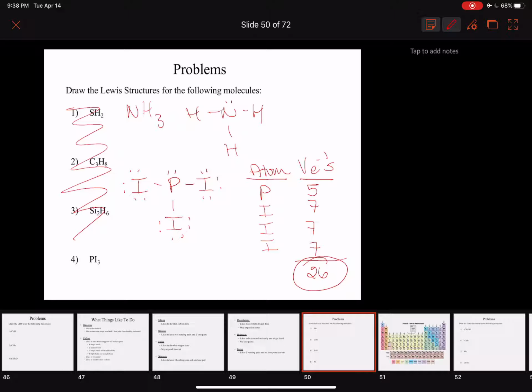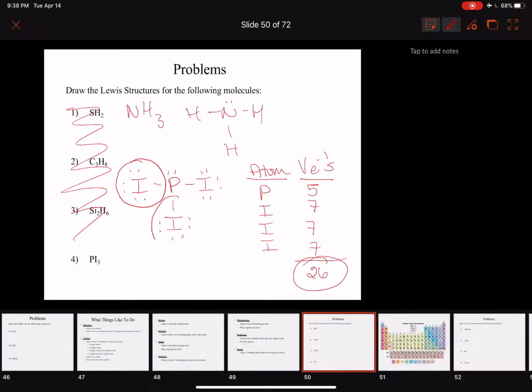First, let's make sure that everybody has an octet, and then we'll count up those 26 valence electrons. So for iodine, you have 2, 4, 6 from the lone pairs, and then 8 from the bonding pair right there. And remember, if it's sharing those electrons, it still pretends that it owns them. So it can pretend it's got a whole octet.